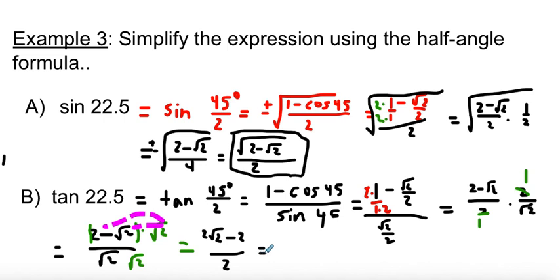So now hopefully you can see every single term there has a 2 in it, right? So I'm going to pull a 2 out of the numerator up there. So if I do, I get the square root of 2 minus 1 over 2.